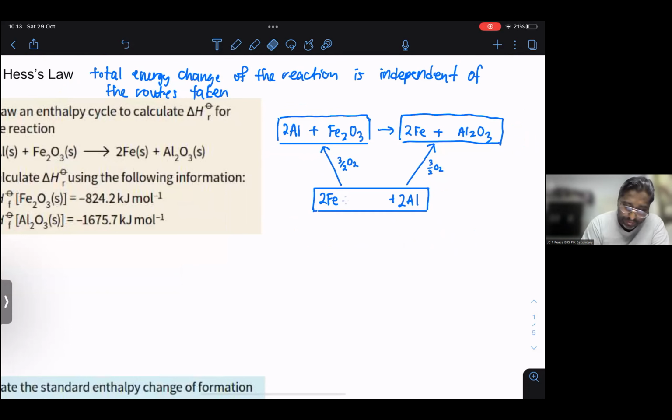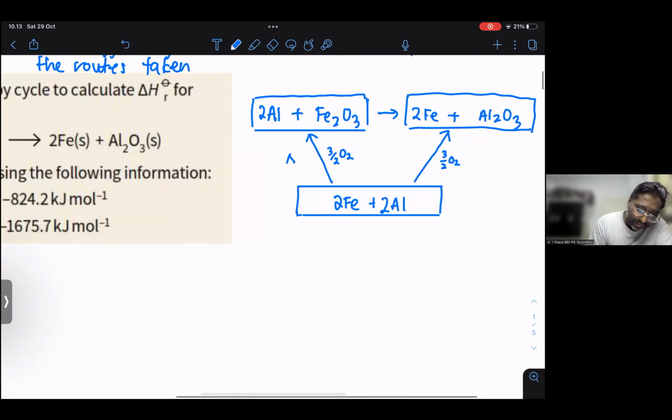If I put it properly, this one is supposed to be 2Fe plus the 2 aluminium. Bring it closer. And this value is the enthalpy of formation of what? Enthalpy of formation of Fe2O3. I'll write down Fe2O3.